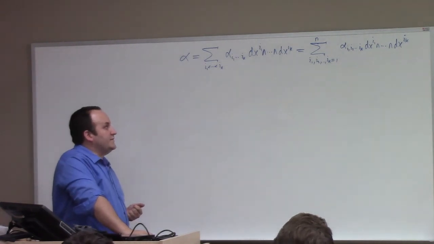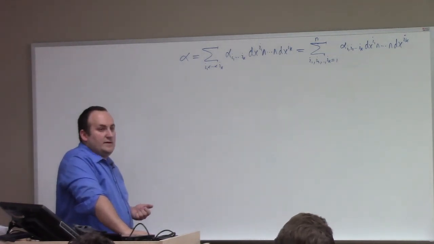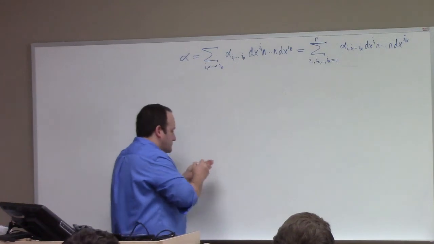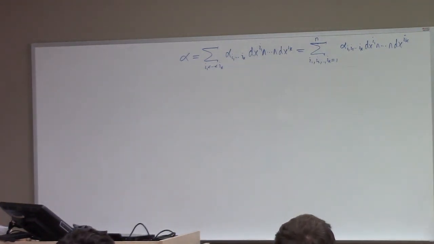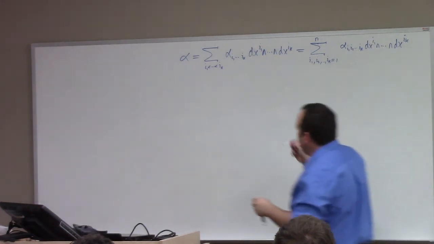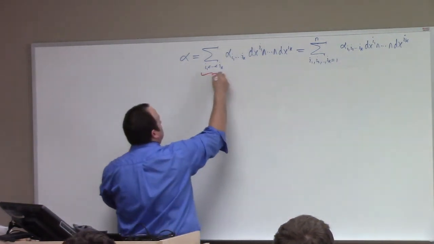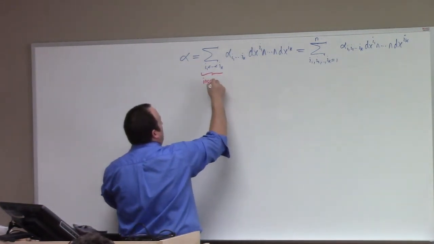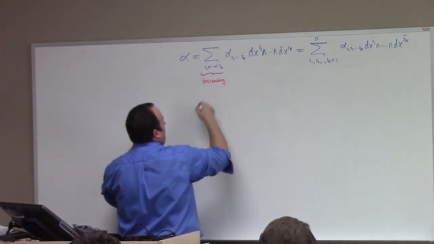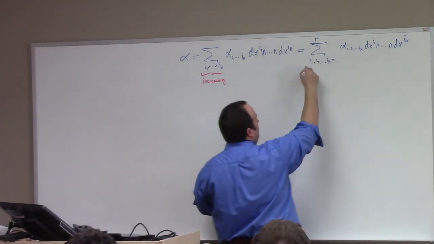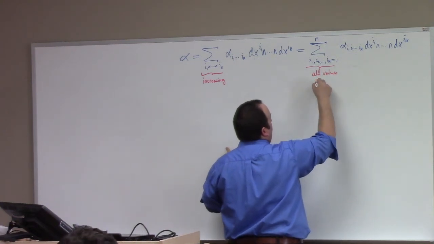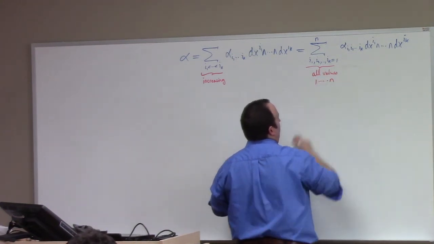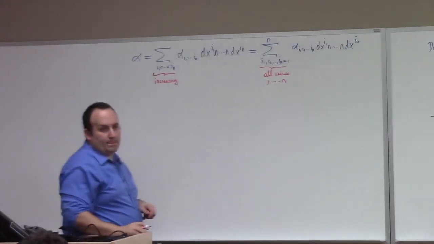Do you see the difference between these sums? Here, I'm looking at increasing indices, and this is just over all values, 1 to n.